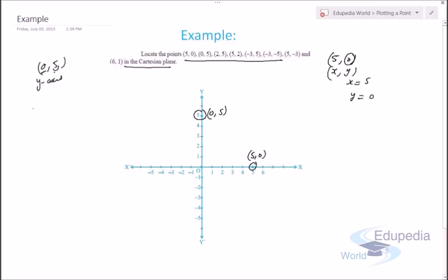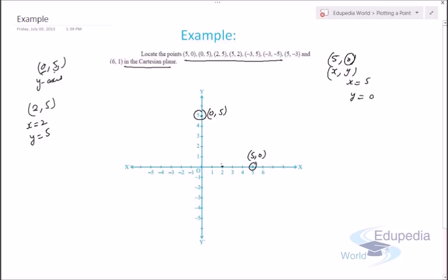Now the next point is 2 and 5. We have to locate point 2 and 5. Clearly the x part is 2 and the y part is 5. The x part is 2, 1 and 2, so this is the x part and the y part is this.